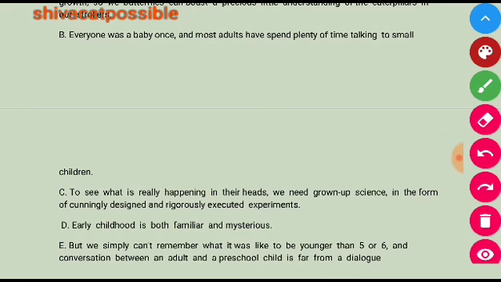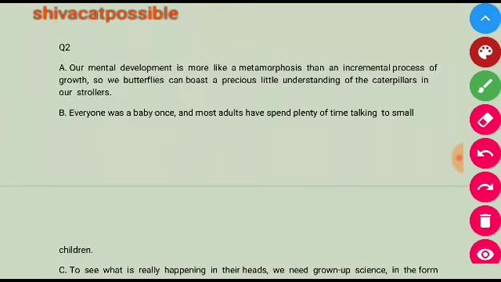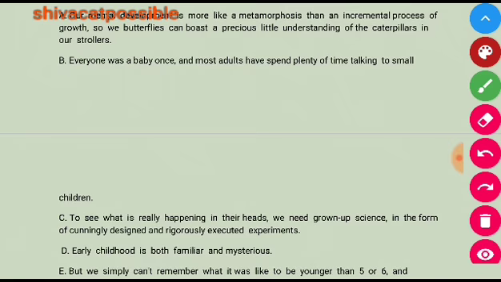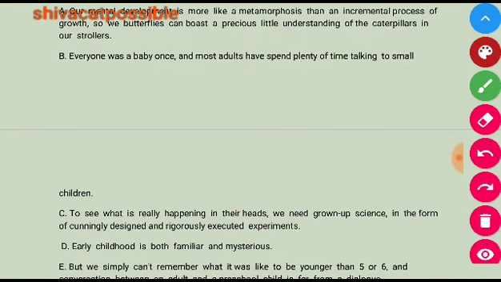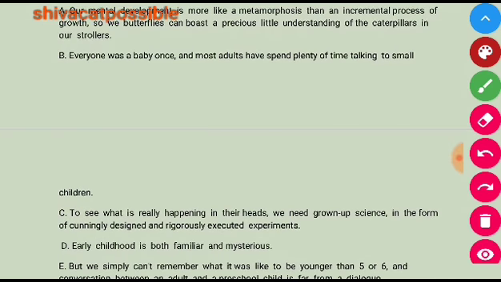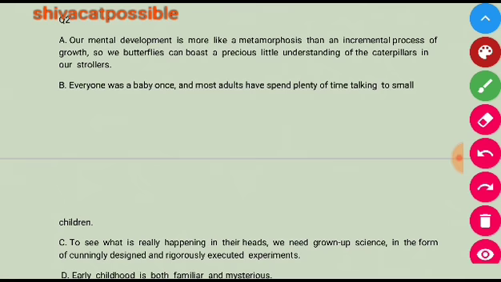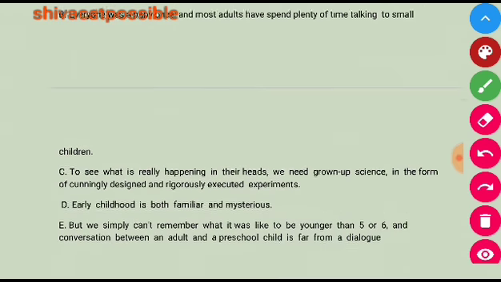Then A. It can be a conclusion, but we have to see through E and A. So A will come after that, and C, to see what is really happening.